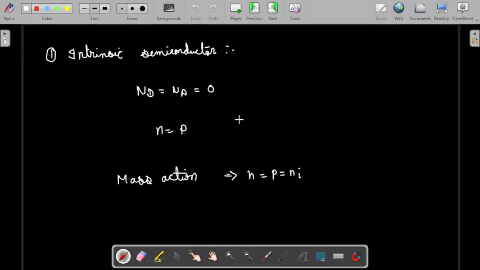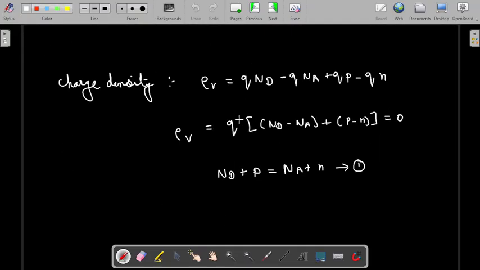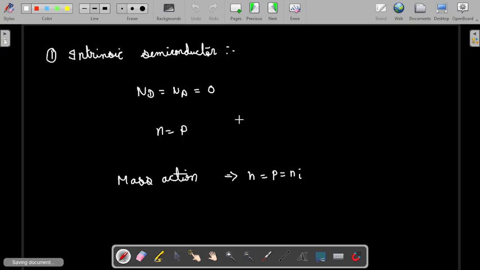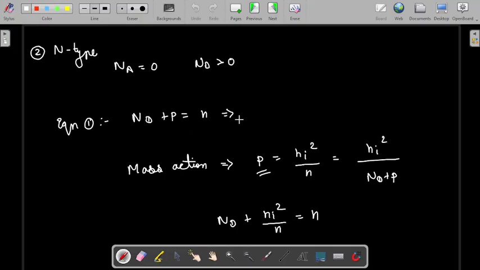What we have seen so far is the charge equality condition. From the charge equality condition, based upon the different semiconductor, we are applying the values. For intrinsic, Nd and Na are equal to 0, so N is equal to P, which is also equal to the intrinsic charge carrier concentration. In N type, the extrinsic charge carrier concentration, Nd will be greater than 0. From the charge neutrality equation, we need to use the mass action law.